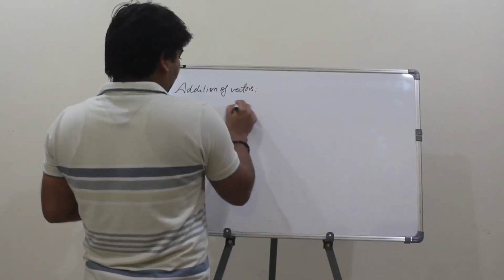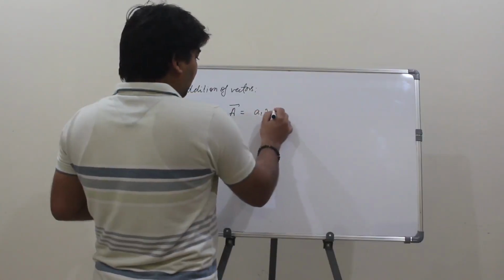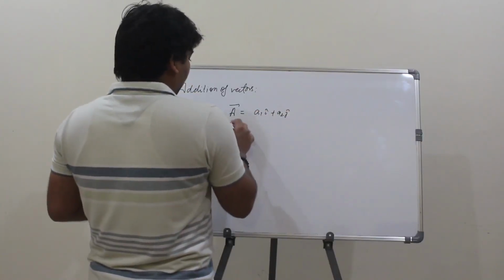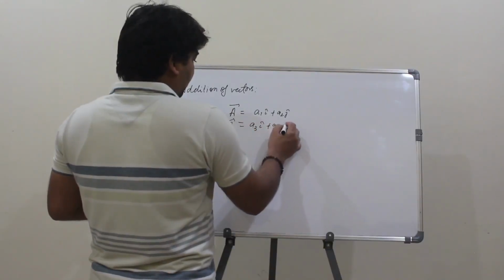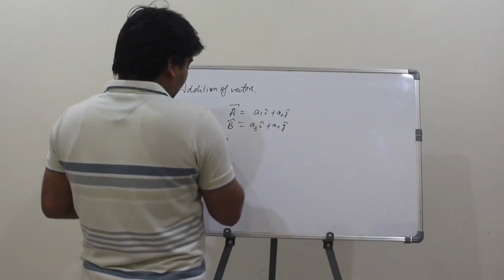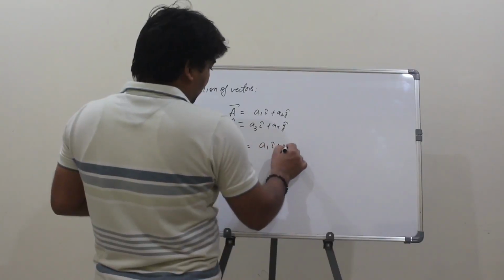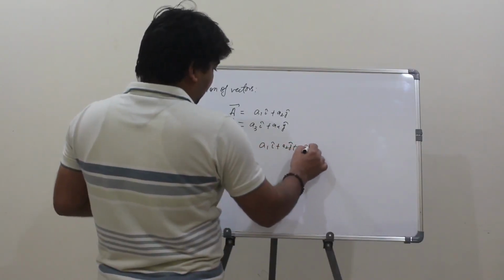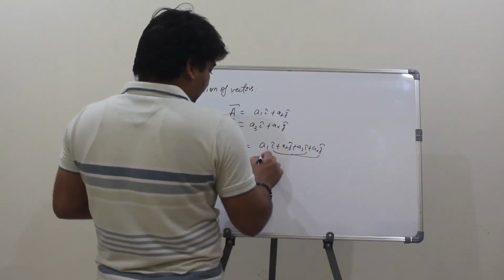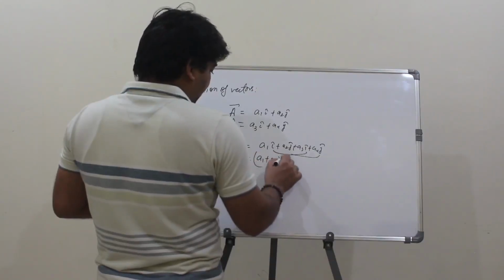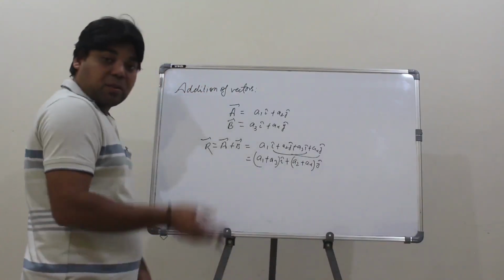If you take A as a vector, A1 i cap plus A2 j cap, and B as a vector, A3 i cap plus A4 j cap, then A plus B, which is a resultant vector, will give you A1 i cap plus A2 j cap plus A3 i cap plus A4 j cap. Now the i's will sum up and the j's will sum up. So A1 plus A3 i cap plus A2 plus A4 j cap. So this is simple summation.